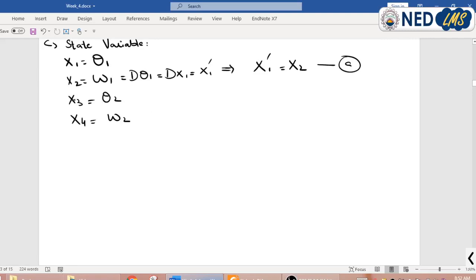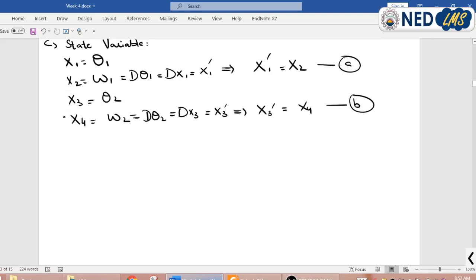Similarly, d theta 2, or x3 dash, can be evaluated directly, since omega 2, the angular velocity, is the change in theta 2, which is dx3, which is x3 dash. So x3 dash equals x4. This is my second state equation, equation B.